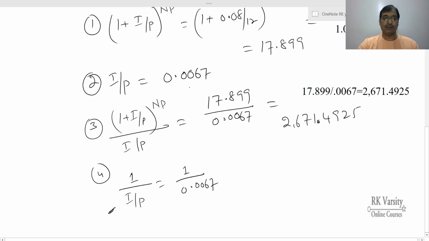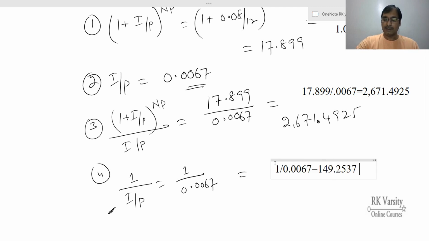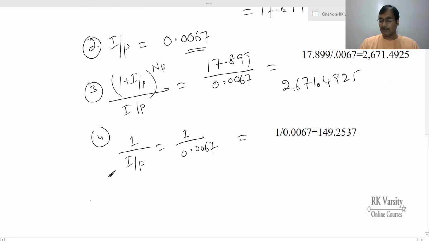This value we are taking from here. So this equals 1 upon 0.0067, which is 149.27.